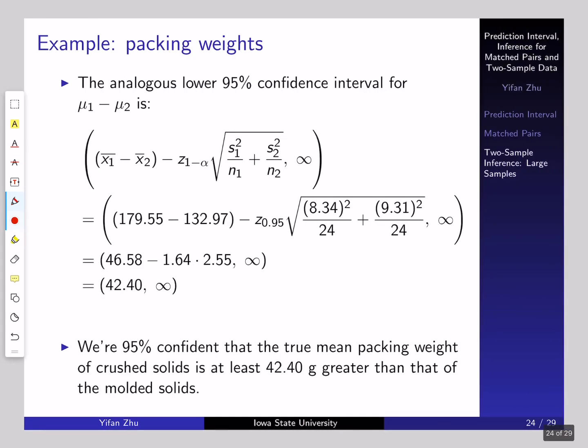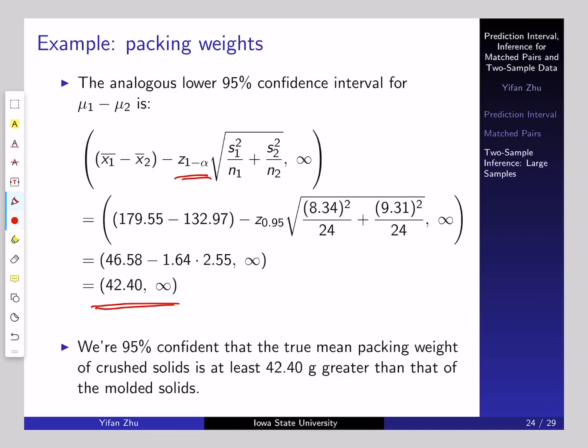And the 95% confidence interval, of course, is a one-sided confidence interval. It is just like this. We use the 1 minus alpha, and what we have is 42.4. This is a lower bound.